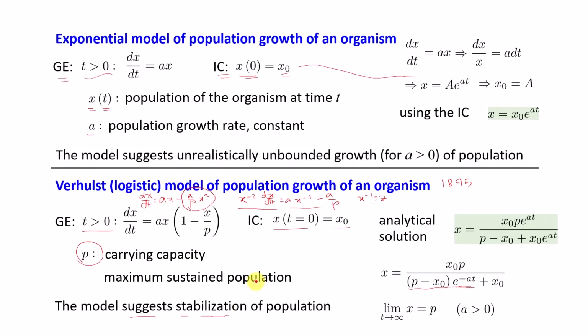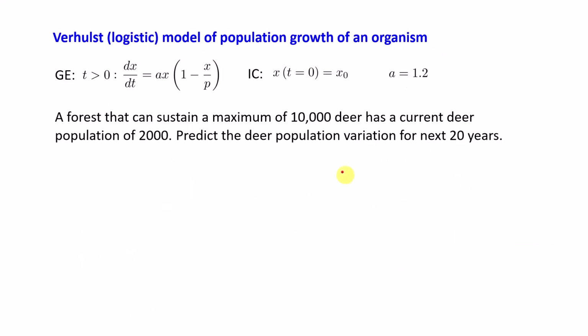So now, let us solve a problem using this model. Because we have the analytical solution, we will be able to match it and see if we have done it correctly. Let's say a forest where a maximum of 10,000 deer can be sustained has a current population of 2,000 deer.